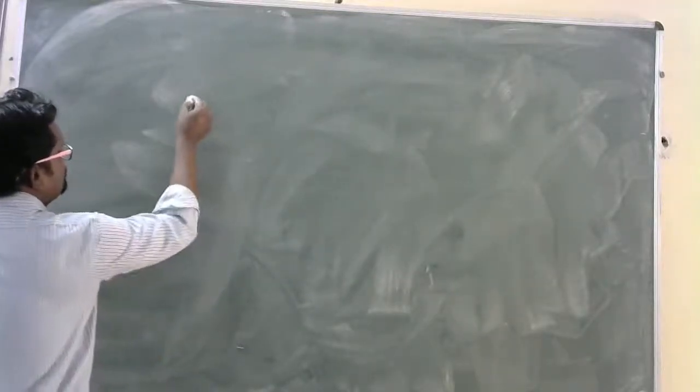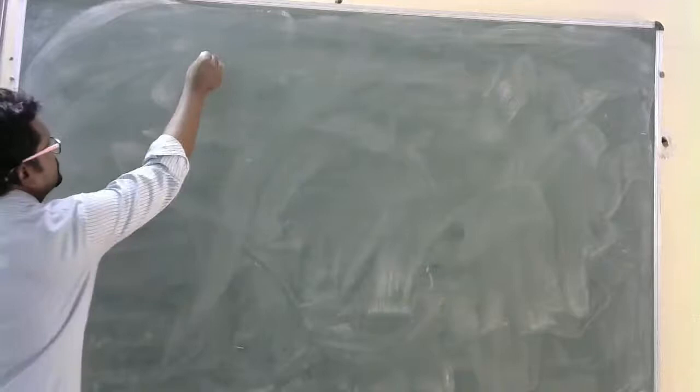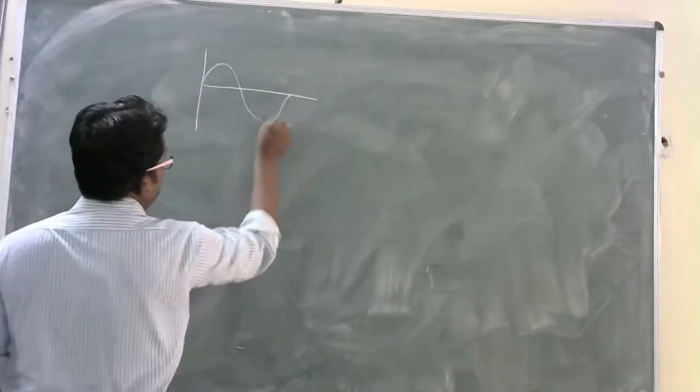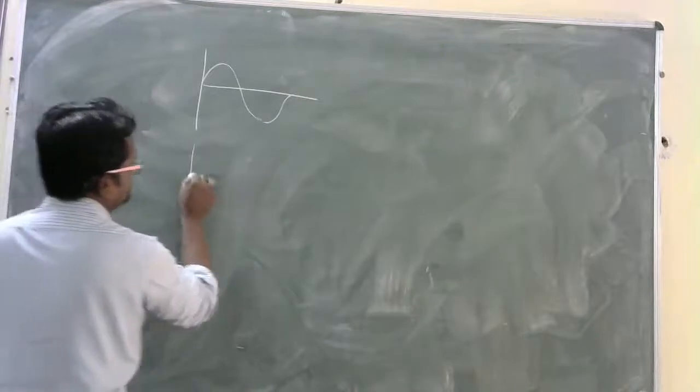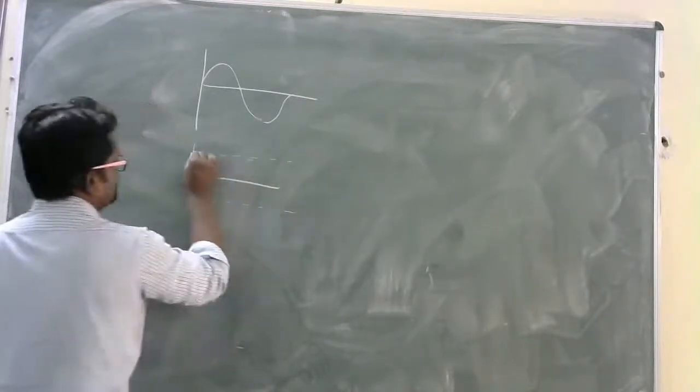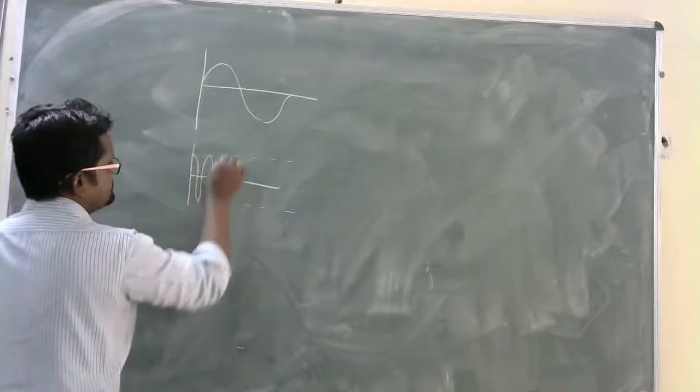Now the waveform for the frequency modulated signal. First we have to draw the message signal, then accordingly draw the carrier signal.